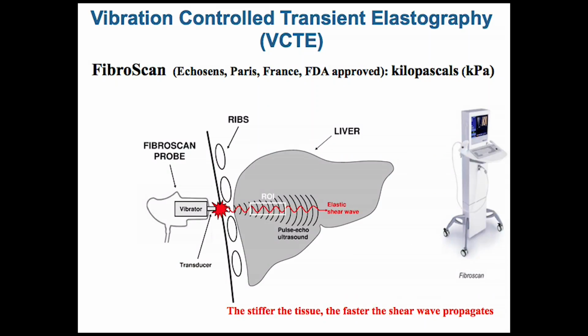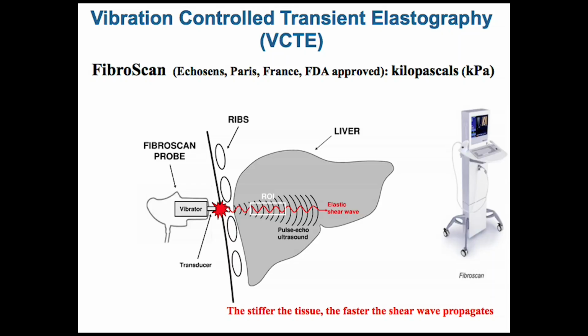But even more important, liver stiffness has a strong prognostic ability, as shown here. Patients with low liver stiffness values have a much better prognosis than people with elevated values.